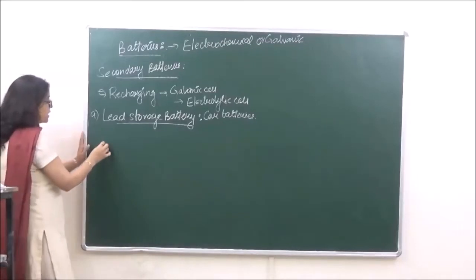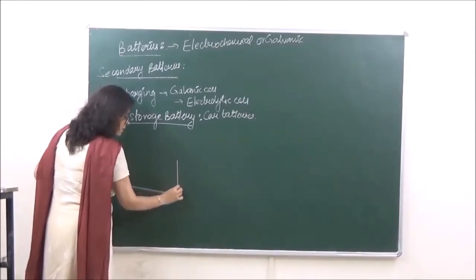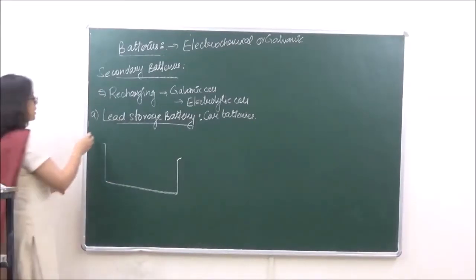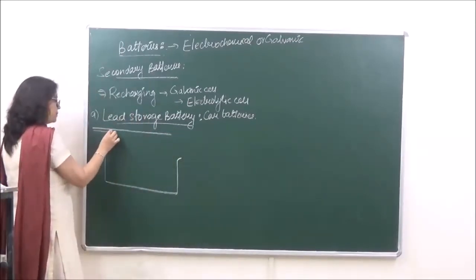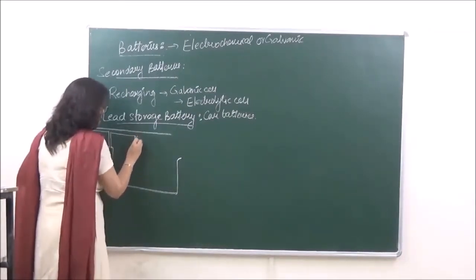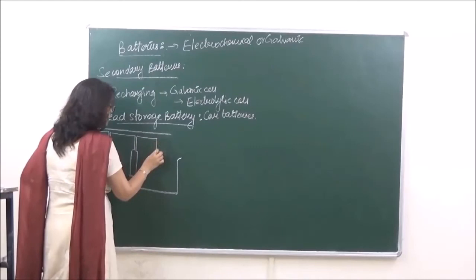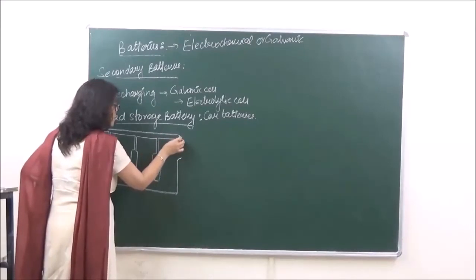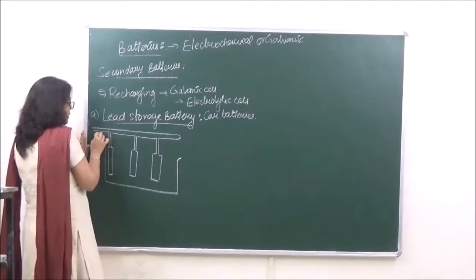This battery consists of an elongated container, in which we place lead plates alternating with lead dioxide plates.